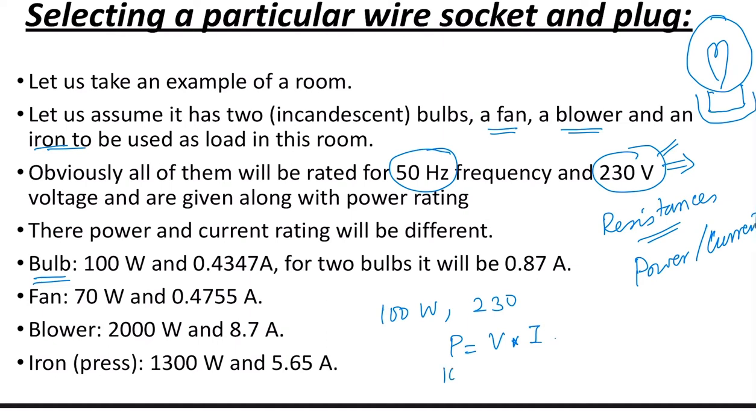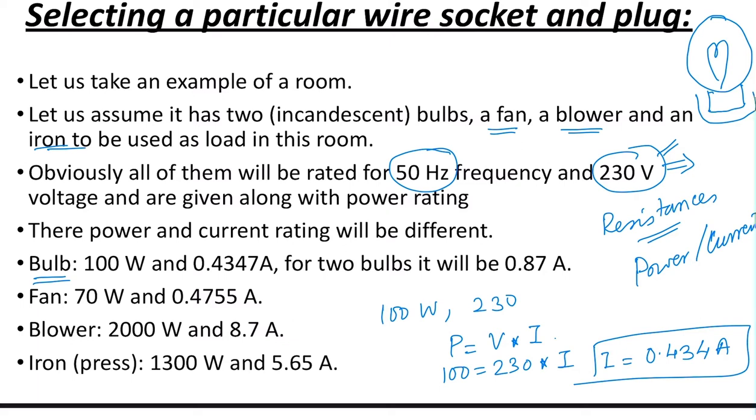So if P is 100 and the voltage is 230, the value of I should be equal to 0.434 amperes. So this bulb carries a current of 0.434 amperes when it is run at 230 volts.